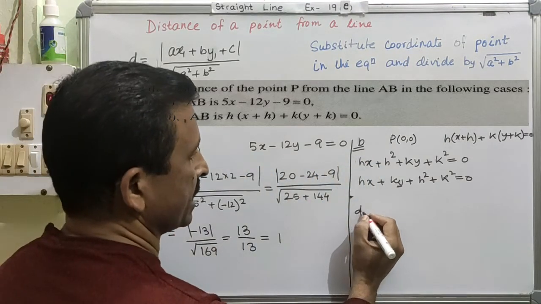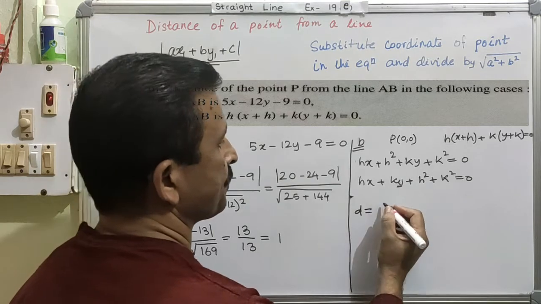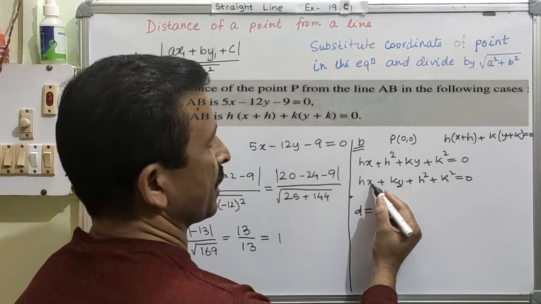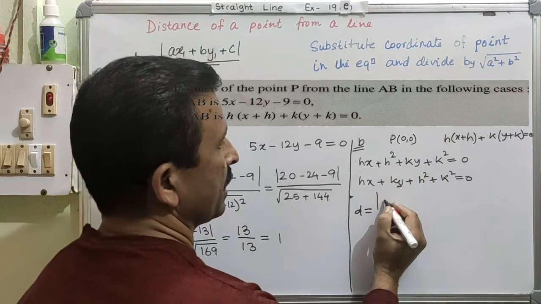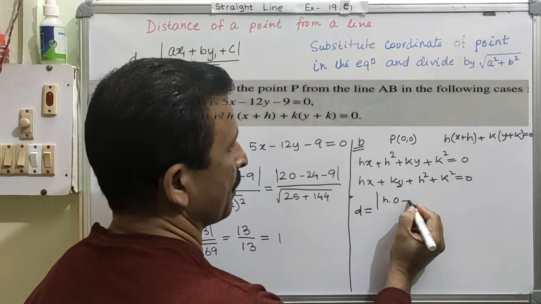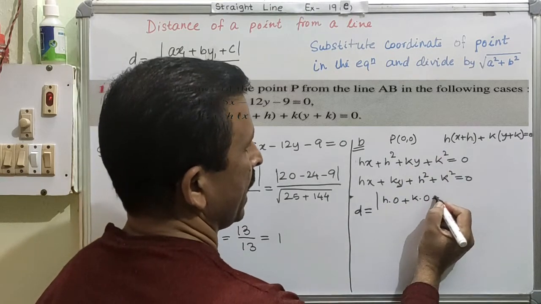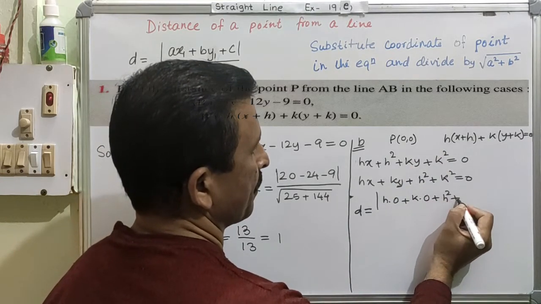So perpendicular distance d will be equal to the absolute value of the expression divided by the root of the sum of squares. For this x we put 0: h into 0 plus k into 0 plus h square plus k square.